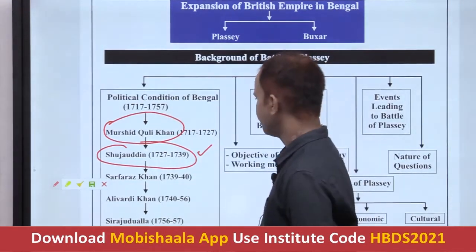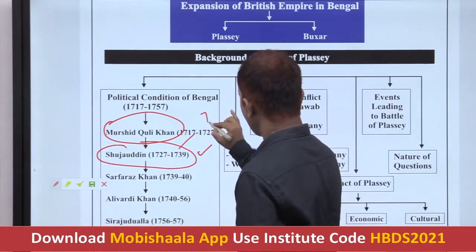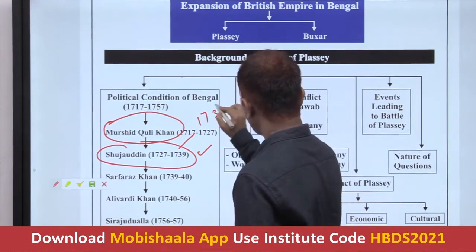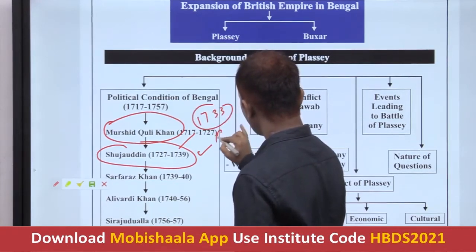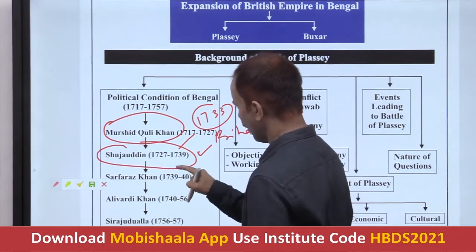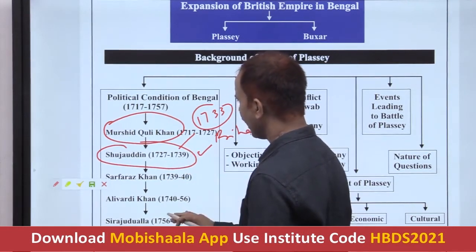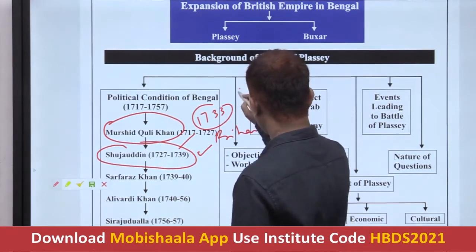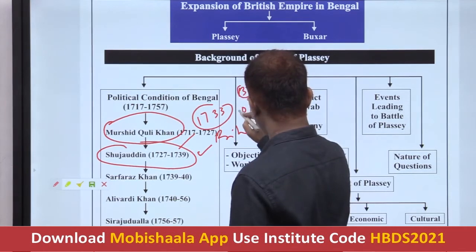In his time, in 1733, Bihar region was also added with Bengal. It means Sujauddin became Nawab of three regions: Bengal, Orissa and Bihar.